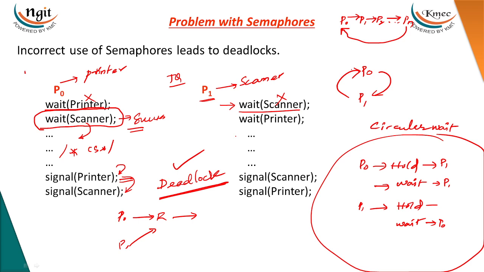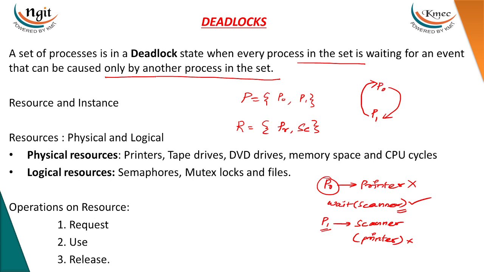So what are the ways to detect deadlock, how to avoid it, and how to prevent it, we will see in this chapter. Before that we need to see some terms: resources and instances. Resources are categorized into two types: physical resources and logical resources.